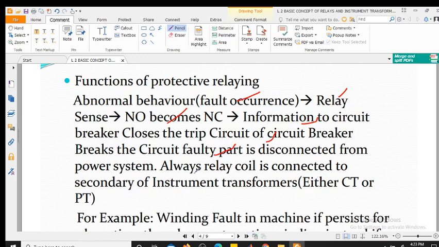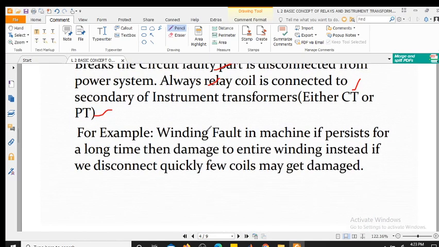As I mentioned, always the relay coil is connected to the secondary of CT or PT. If it is for sensing overcurrent, then we will use a current transformer. If it is for voltage, then we are going to use a potential transformer. So, for example, if a machine has a winding fault and it persists for a long time, what will happen?